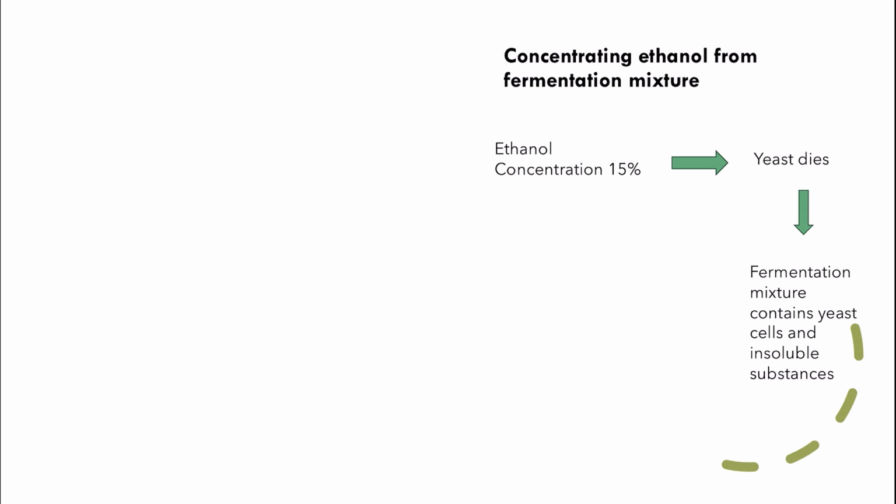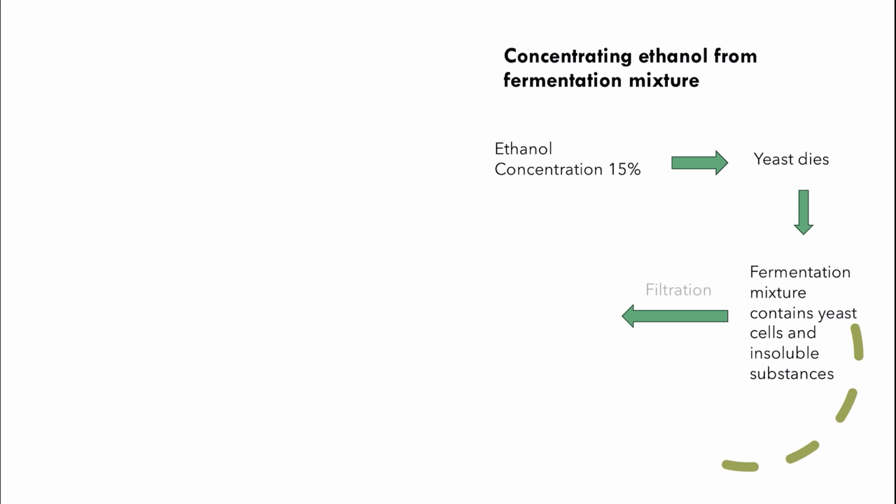One of the main problems of this method is that the ethanol produced is very dilute, and we need to concentrate and purify the ethanol before it can be used. So concentration of ethanol from the fermentation mixture is quite important. First of all, when the ethanol concentration reaches 15%, the yeast will die. So the mixture now contains yeast cells and some insoluble substances.